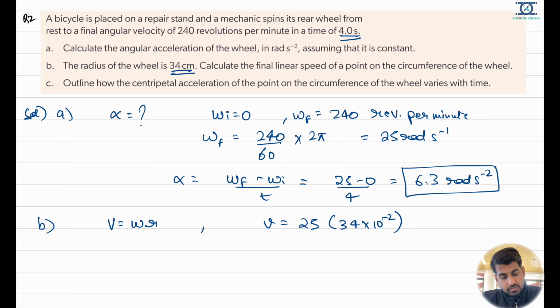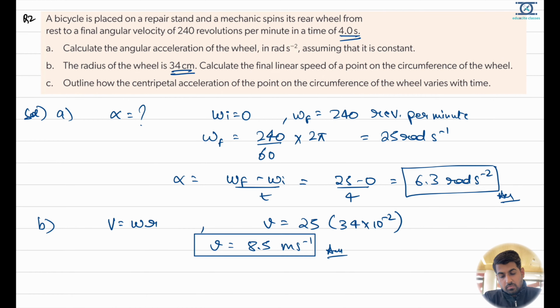Now if you solve this, you will get the linear speed, which is the speed of a point on the circumference of the wheel. So that you will get something around 88.5 meter per second. I have already done the calculation, you can also do it in your calculator. So this will be your answer for your B part.